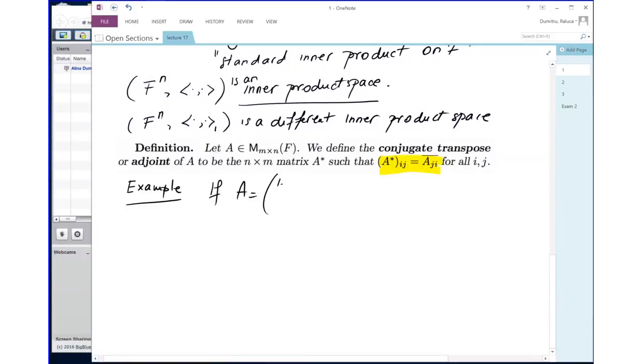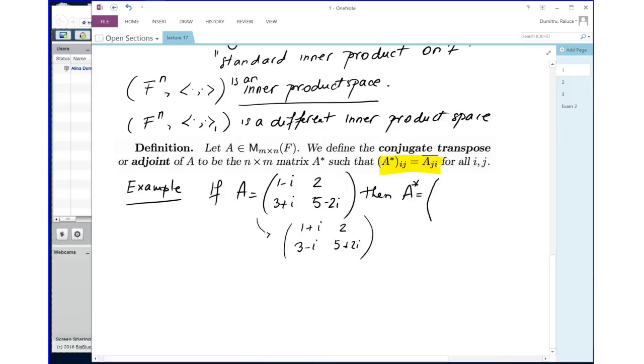if A is the matrix, this one here, let's say. Right, so you can first, if you want, conjugate every entry, which turns it into this, but the adjoint is the conjugate and transpose. So then you take the transpose of the matrix of conjugates.